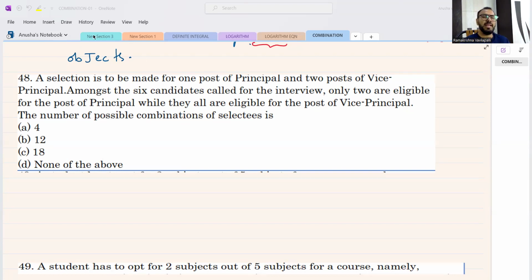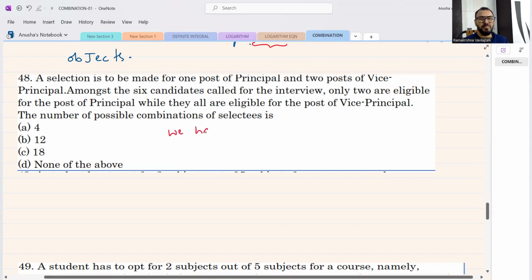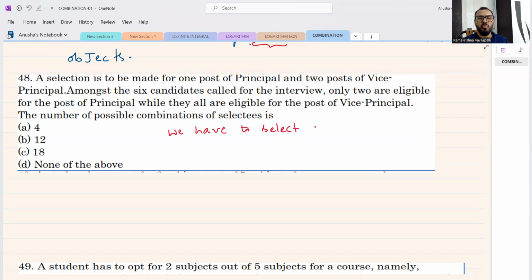Well, we have to select one principal and 2 vice principals. See, only 2 are eligible for the principal post.